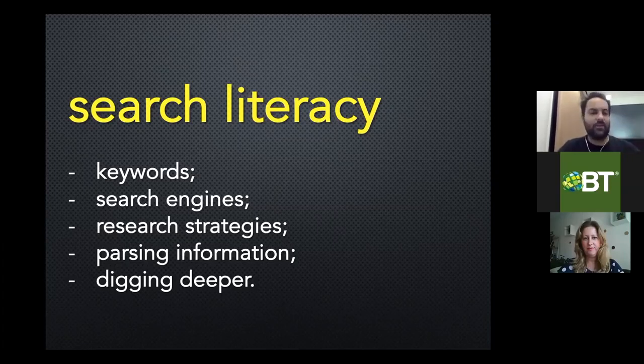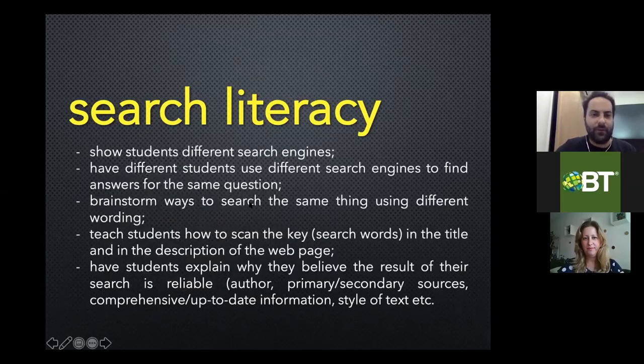And also they should be able to know when the information they found was enough and when the information they found needs supplementation. So a few activities that we can use with students here would be showing them different search engines.